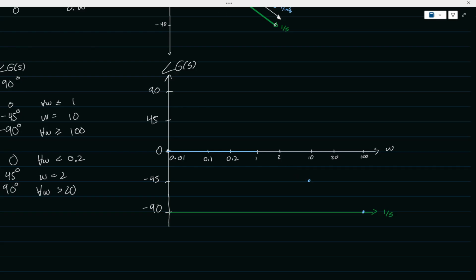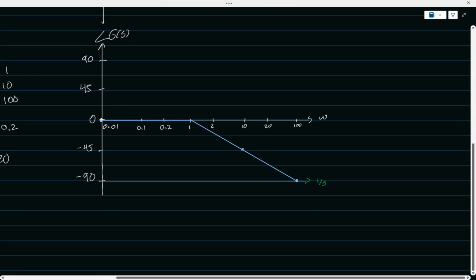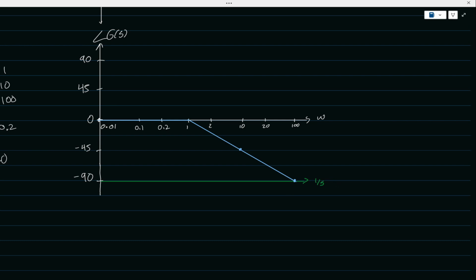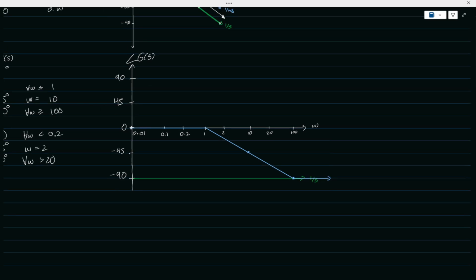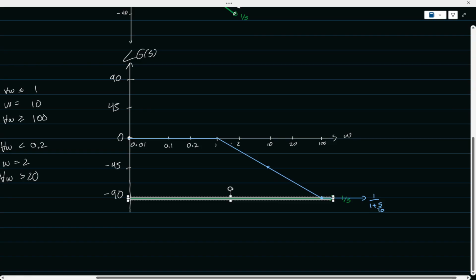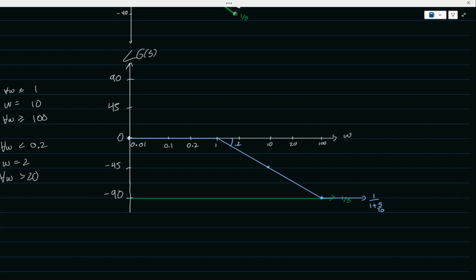OneNote does not like to listen sometimes. Come on, there we go. It should pass like this, and then when it's at negative 90, it'll stay like that. So it should just go straight afterwards, like this. There you go. And that was 1 over 1 plus s over 10. Here you could write it. I don't know if it's mandatory, but sometimes people like to have it. You could write negative 45 degrees per decade.